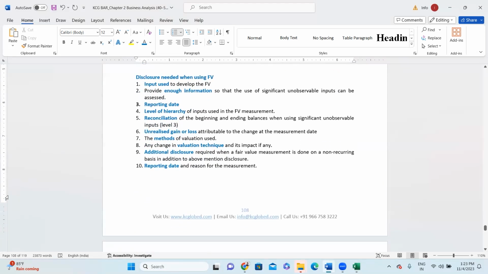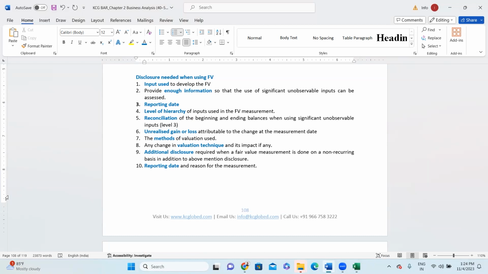The disclosure includes the inputs used to develop the fair market value, right? That is very important. What is the present value you have used? What is the discount rate you have used? What is the market you have used? All those things you need to disclose.